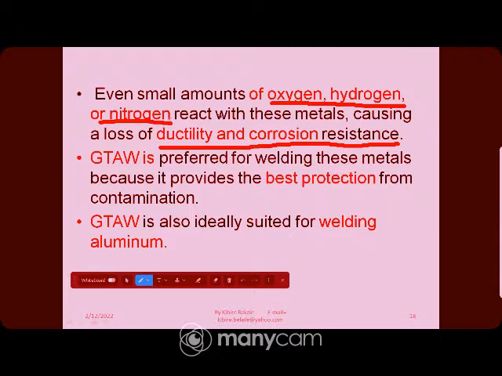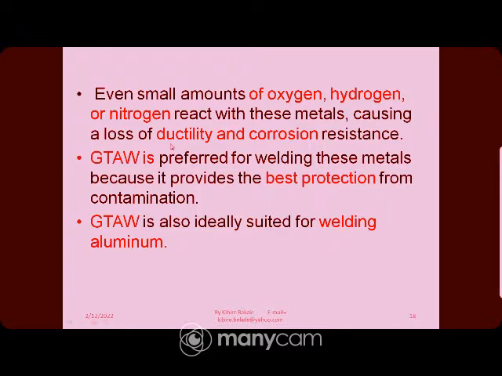By the way, oxygen, hydrogen, and nitrogen are the enemies of welding. It's important to shield the welding area from nitrogen, oxygen, and hydrogen.